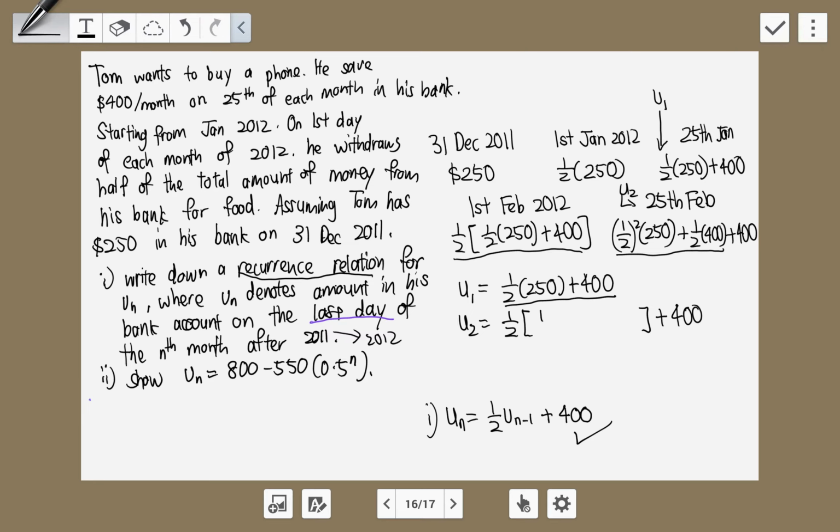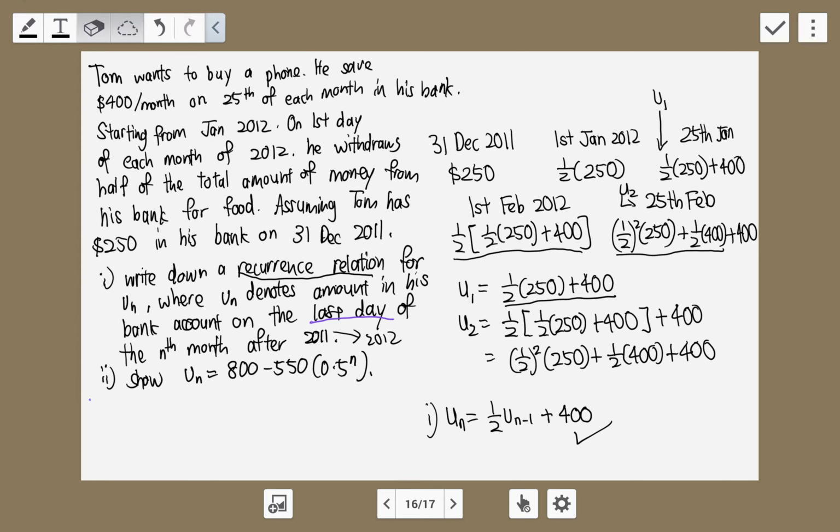It will be half times 250 plus 400. That means I will have half square times 250 plus half times 400 plus 400. And then the next thing is U3.